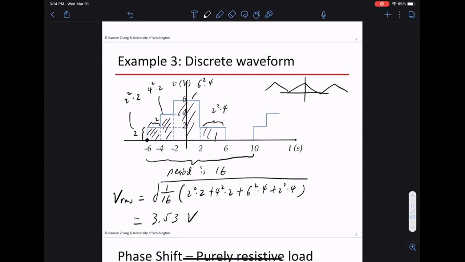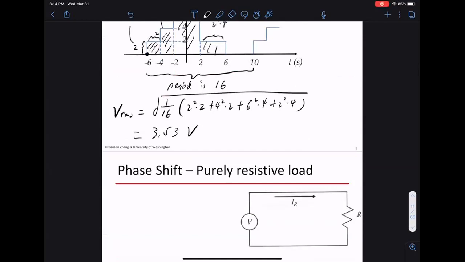All right, that's what we'll say about the RMS value of signals. Let's look at what happens when you're using a circuit.